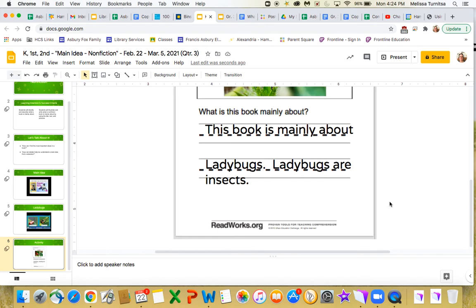It talked about that ladybugs eat smaller insects. So you could write that down. It talks about that ladybugs are in big groups in the wintertime. It talked about ladybugs having large wings that help them fly. That's a fact that you could write down. So it's all up to you.